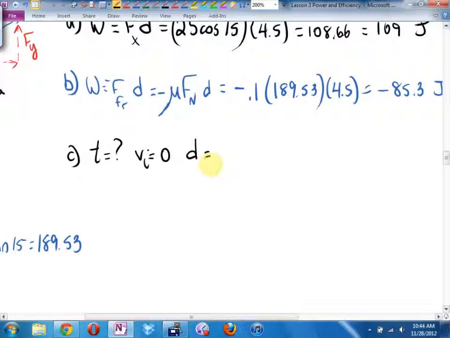We know distance, 4.5. I think if I can find the acceleration, I can find time. Or I could try finding V final and find time, but to find V final I'd need the acceleration anyhow. So my first goal is to find the acceleration.